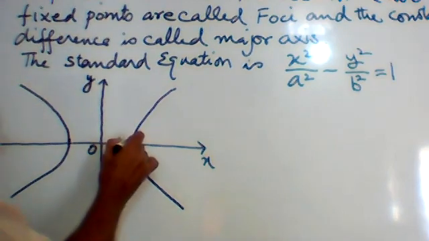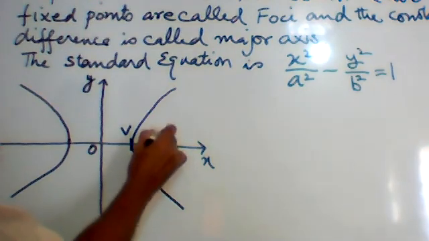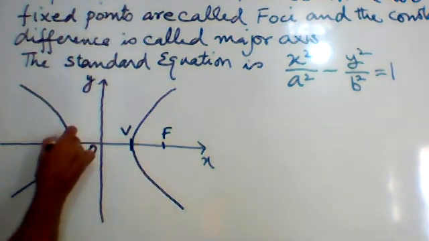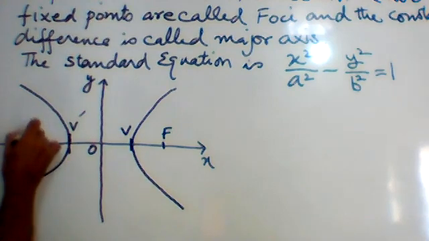This is called the vertex. This is called the focus. Here also the vertex V dash, here is the focus F dash.